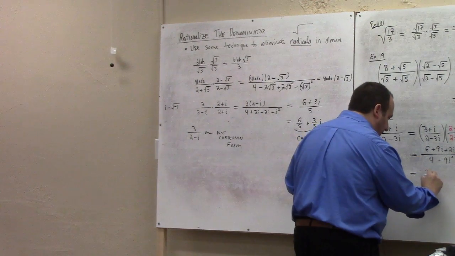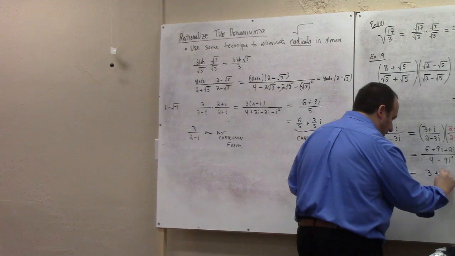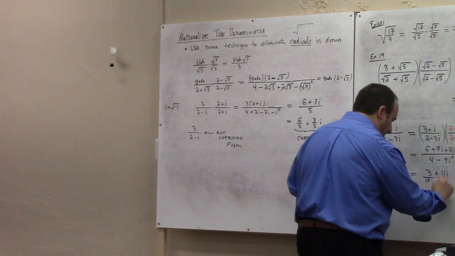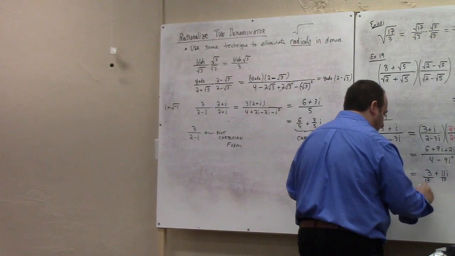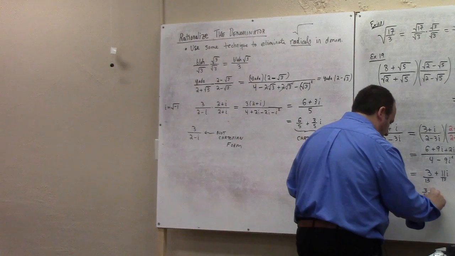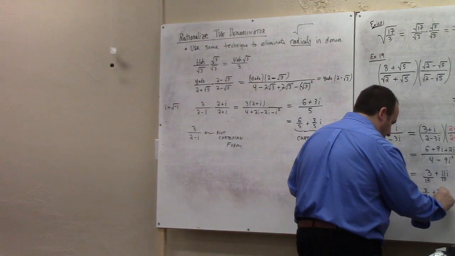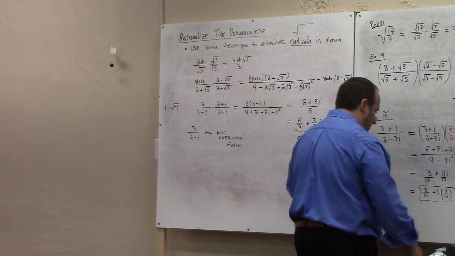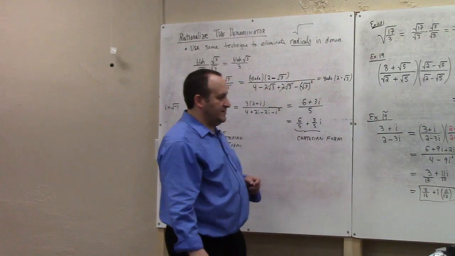So I've got 3 plus 11i, over 13. Let me read it one more time: 3/13 plus i times 11/13. There you go. We put the complex number in so-called Cartesian form.